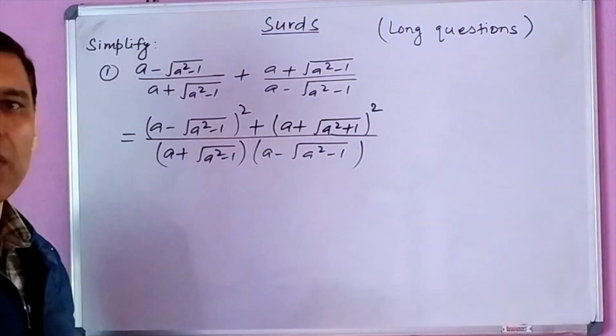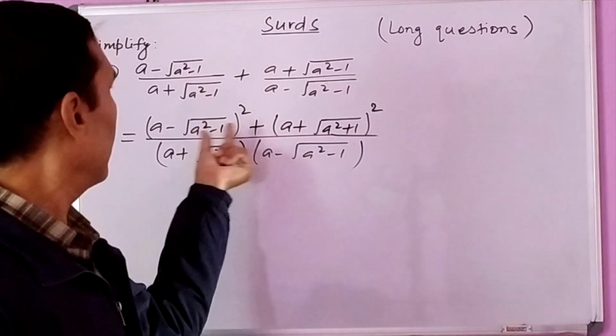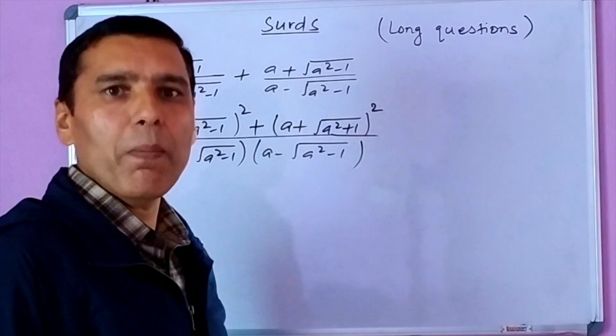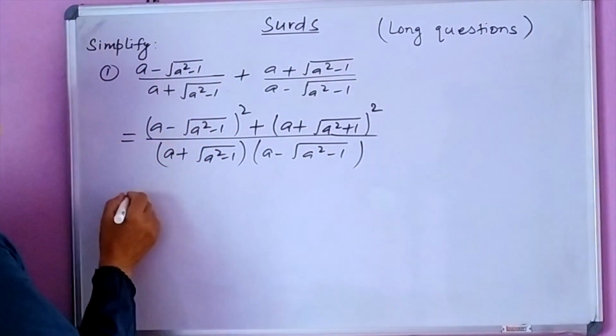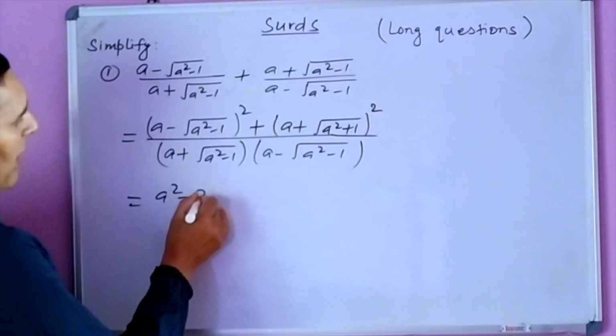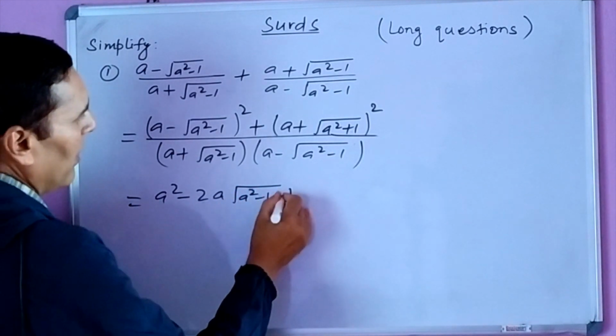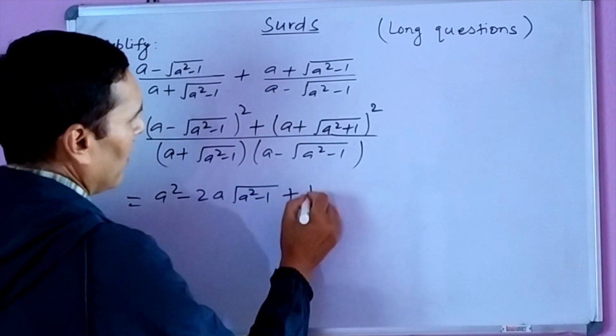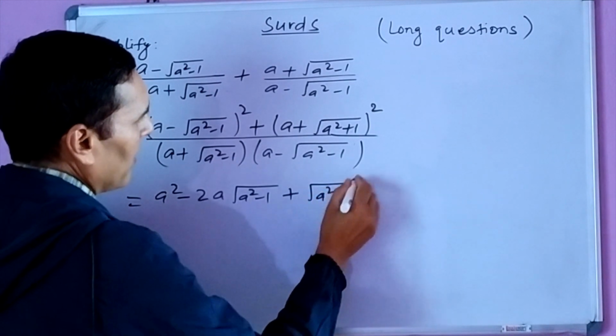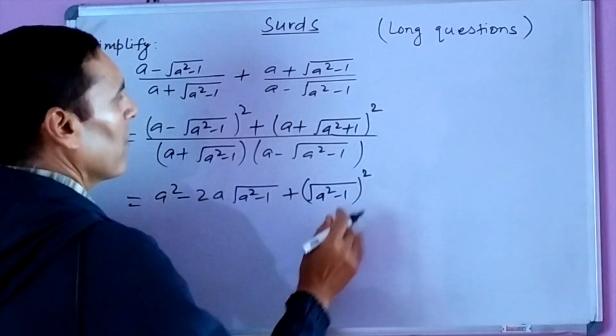Now we expand by using the formula a minus b whole square in the first term and a plus b whole square in the second term. So it is a square minus 2ab plus b square, where b is under root a square minus 1, and b square is under root a square minus 1 whole square.